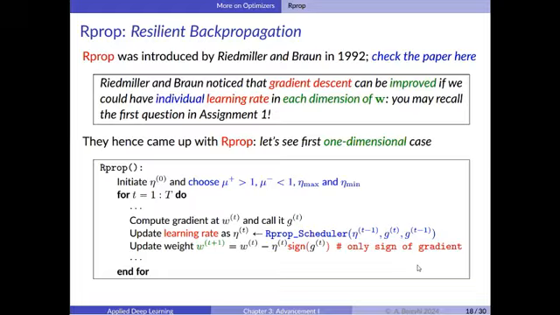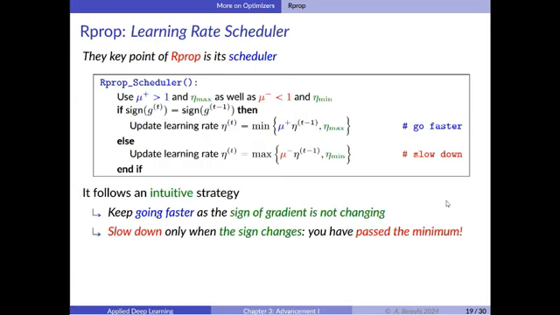The idea is that we have individual learning rates in each dimension, and for the one-dimensional case, you can see it's like this, but the learning rate scalar would be something like the thing that you see in this picture.